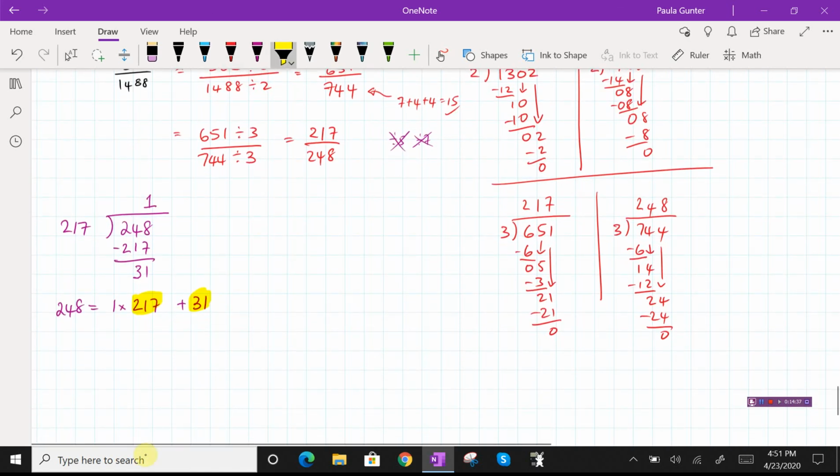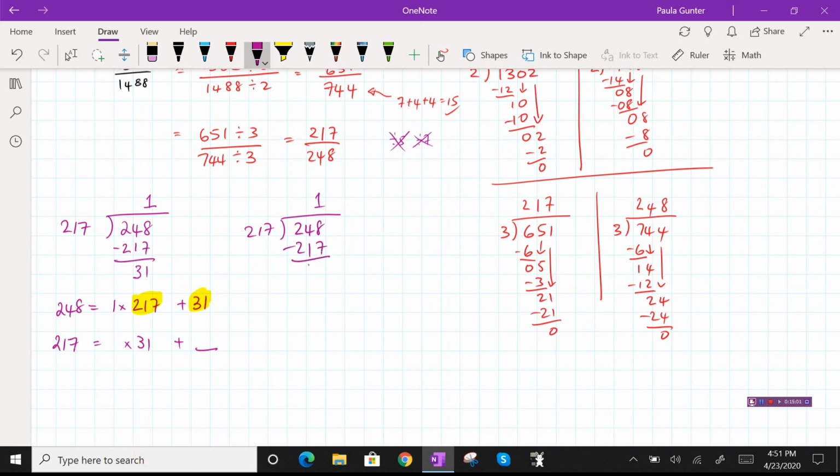And what we want to do is write 217 as something times 31, and so on. Right? If you were in the classroom back in those days, what would happen is, let me just say this, 217, you would have written it in this fashion, subtracted 217, you have 31. We would continue, and I'll color code it, and write back your previous divisor, the 217, and 31 into that. How do we do this?